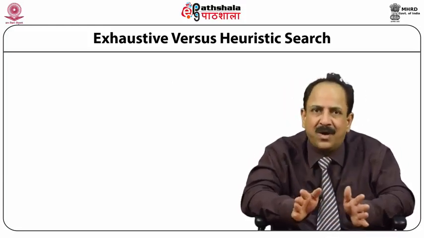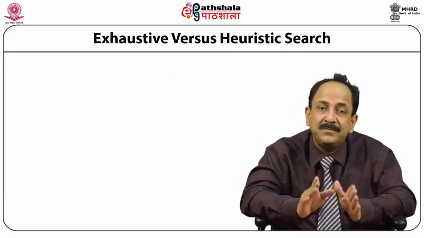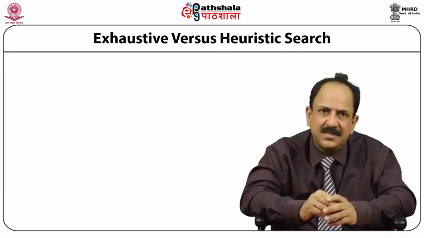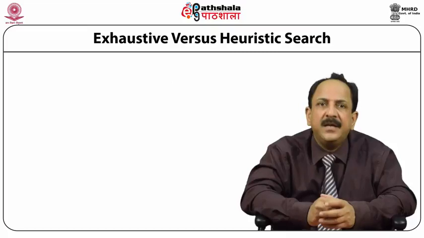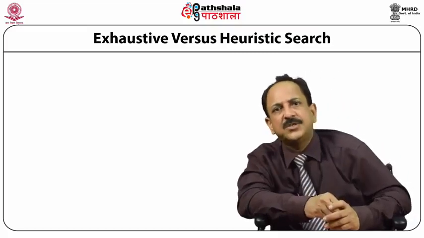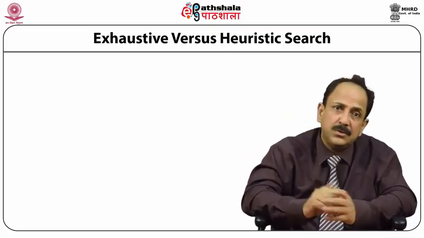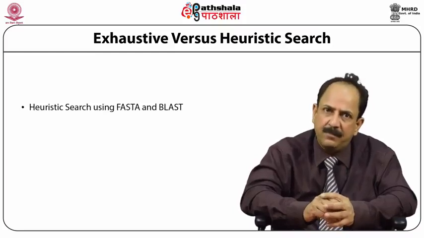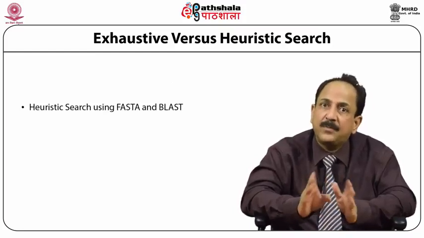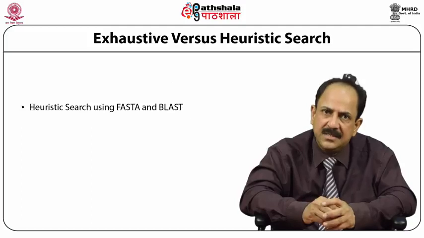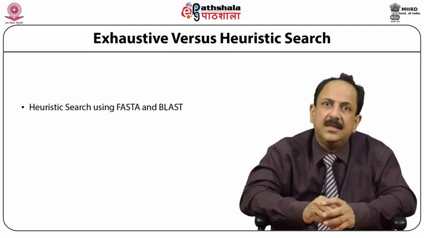However, in this fast filtering process, some true homologue may not be selected, thereby reducing the sensitivity of the search tool. The two heuristic programs, FASTA and BLAST, are very fast programs to search databases for similar sequences.